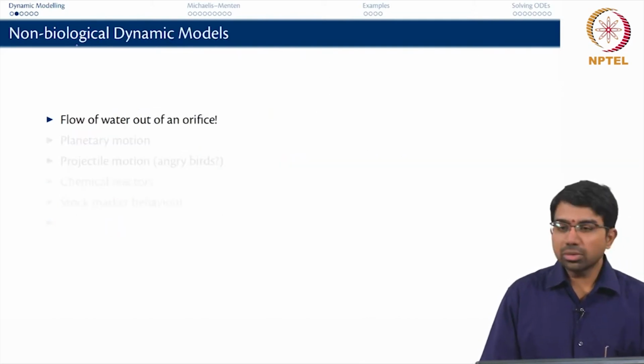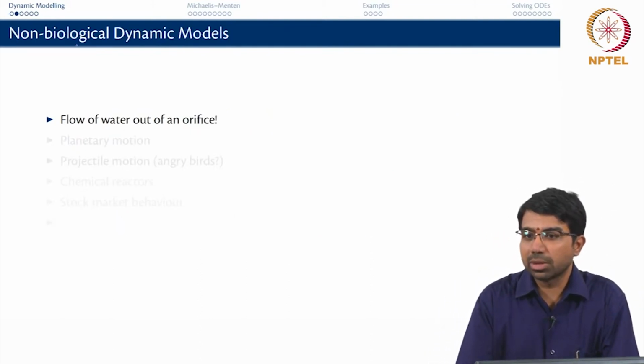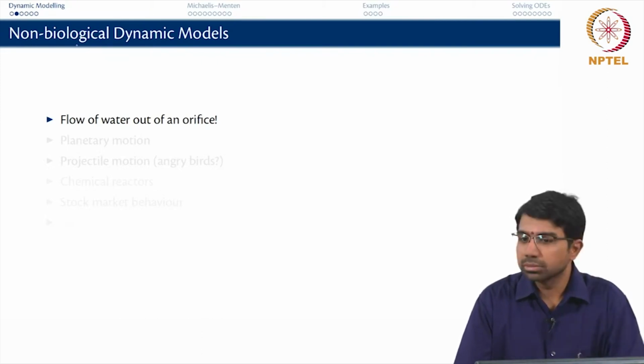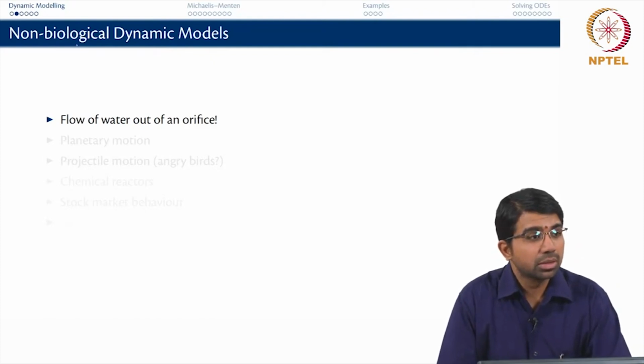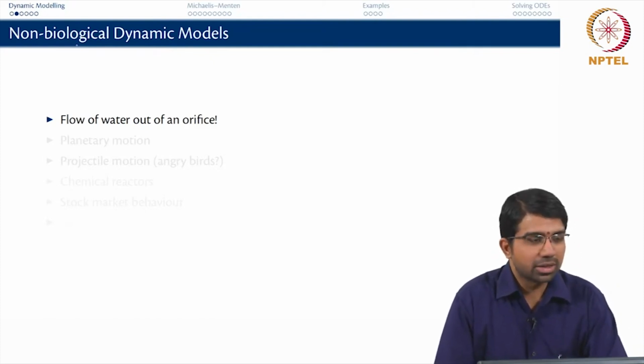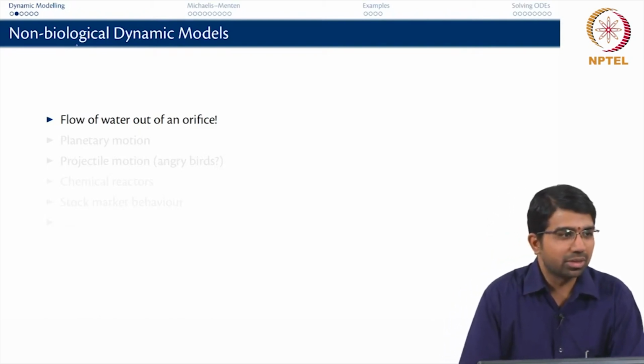Can you think of non-biological dynamical models? There are many non-biological dynamical models that one normally encounters. Electrical circuits, right? There is a lot of variation with respect to time there. What else? Spread of diseases, you can think of modeling it with respect to time. Tank system, water level, flow of water out of a tank and so on. That is the first classic example that you will hear in most mathematical modeling courses.